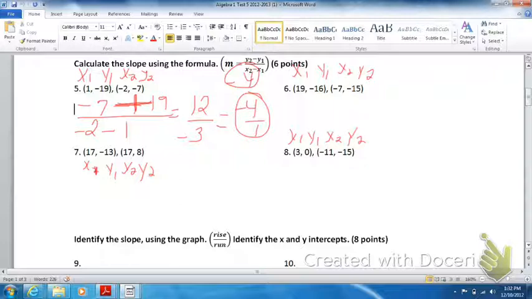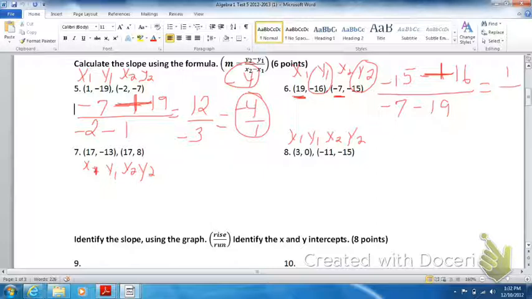Okay, so number 6. y2, negative 15, minus y1, negative 16. Minus turns positive. x2 is right here, negative 7 minus x1, this one, 19. If you reduce this, you will get 1 over negative 26.